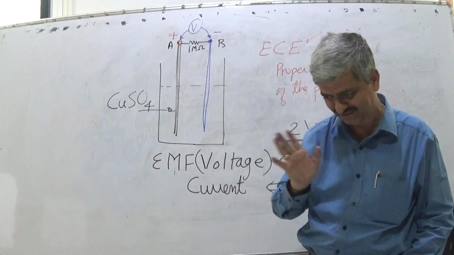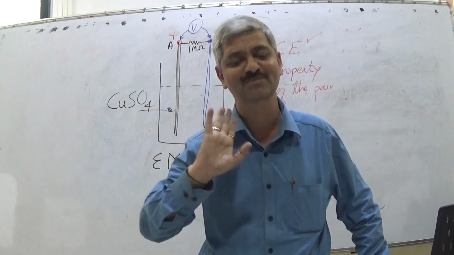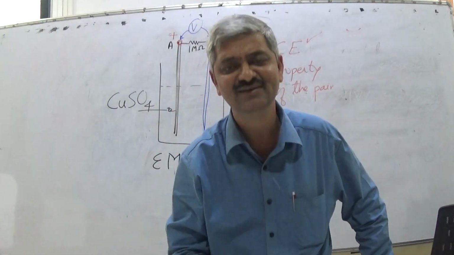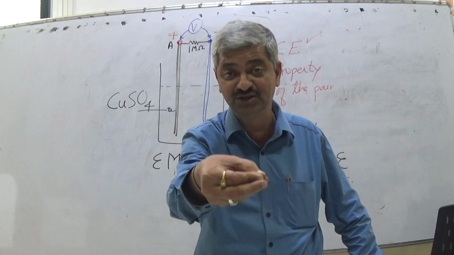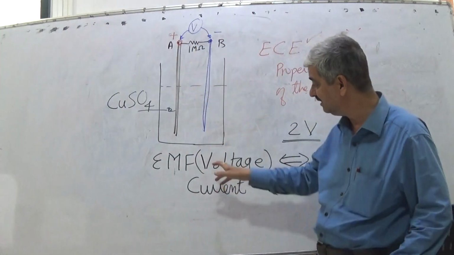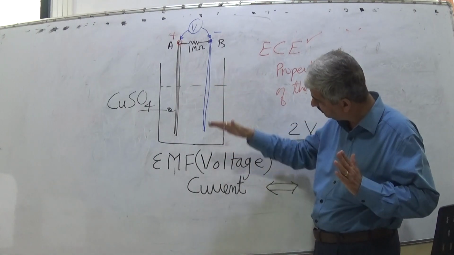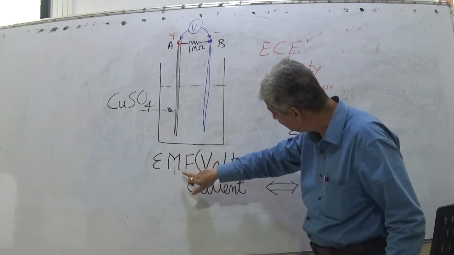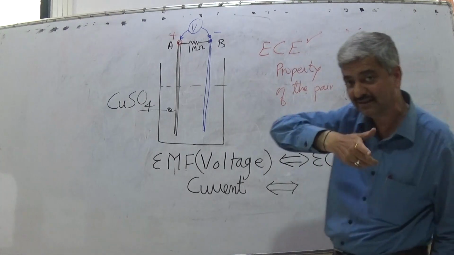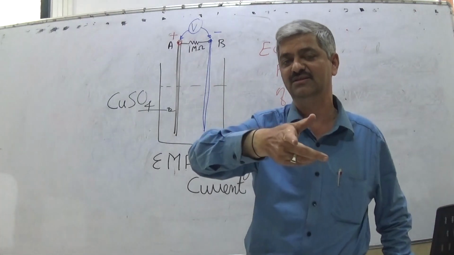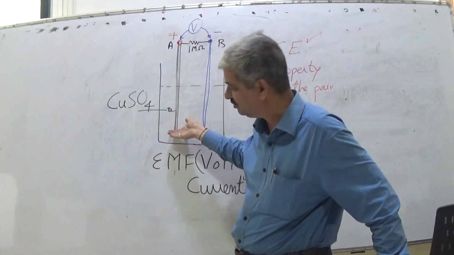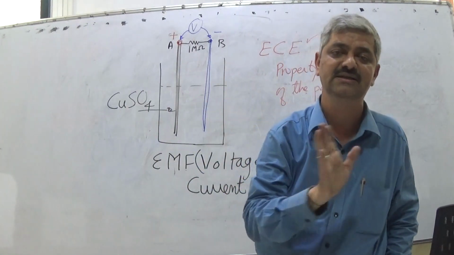Right now we are not mastering electrochemistry for our science background. Only the important theme we should carry. EMF being the property of the pair, it is independent of concentration. So if there is small concentration or large concentration, it doesn't matter.